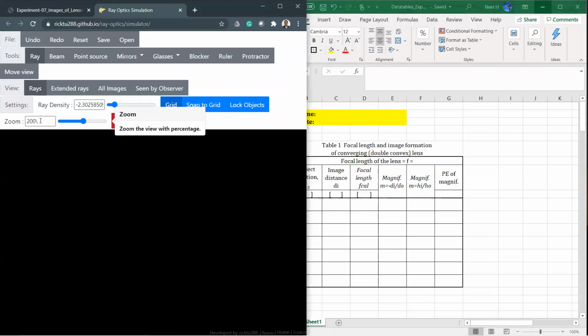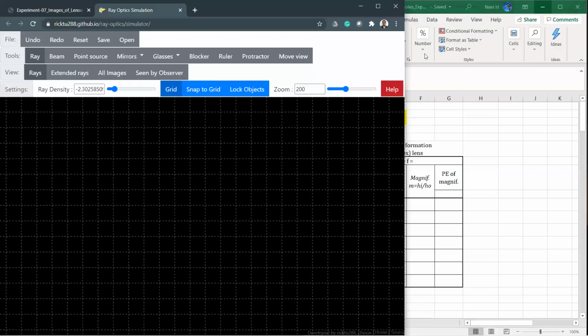Then we can see it a little bit more clearly. Then we'll start making the ray diagrams, and then we're going to get all the information extracted from the ray diagrams. Okay.